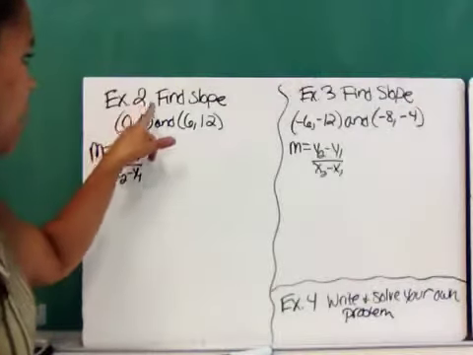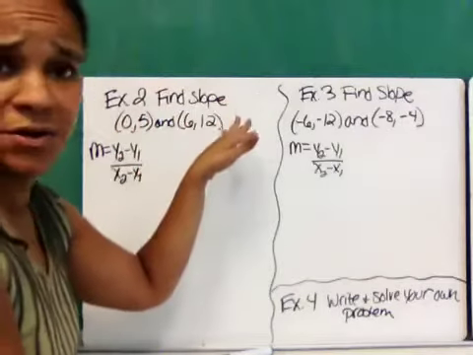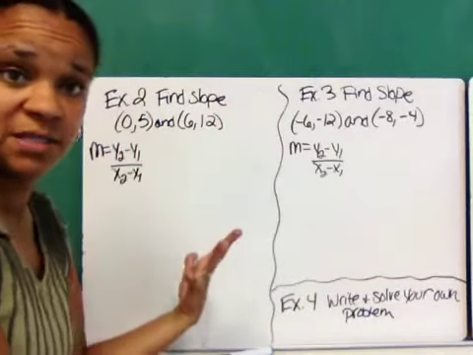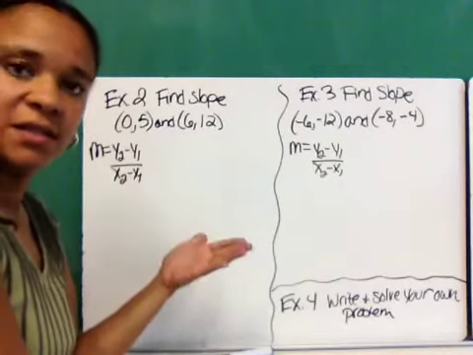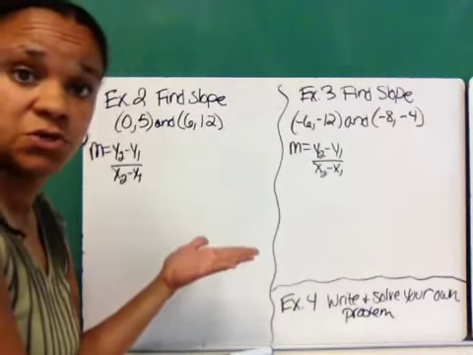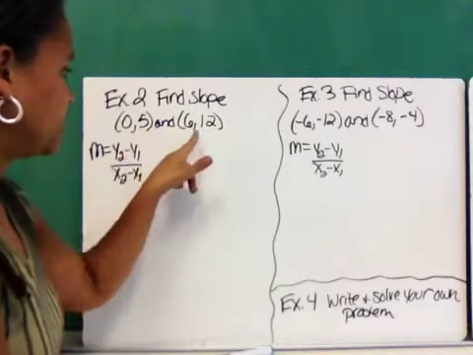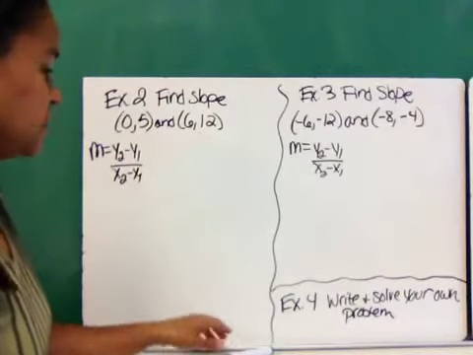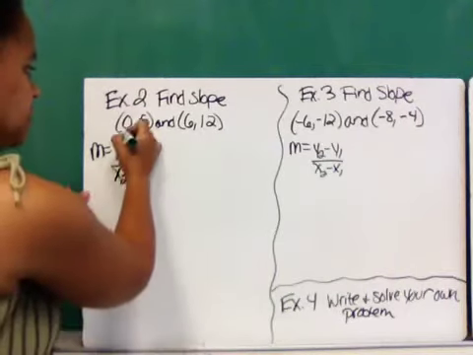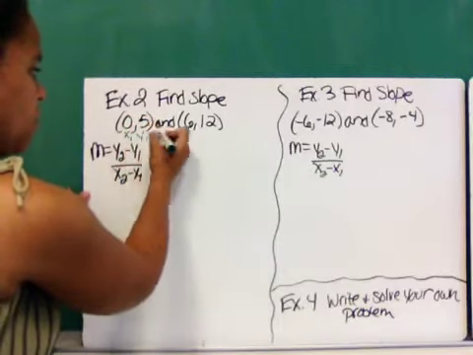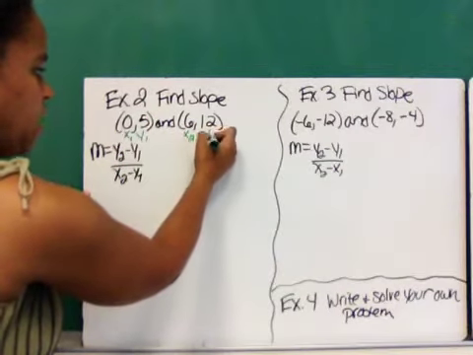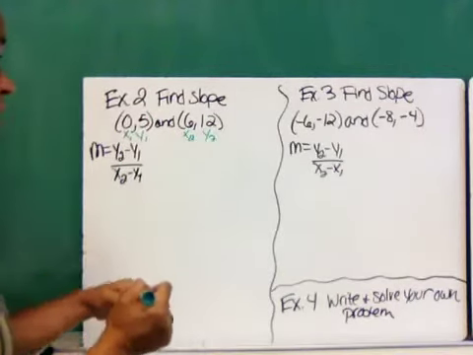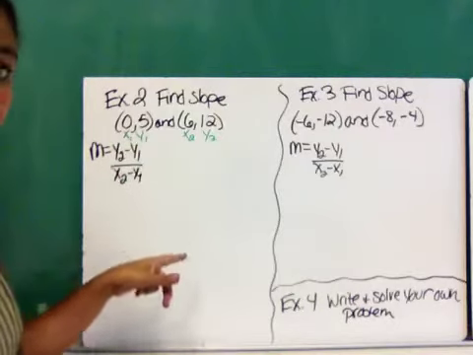Okay, here I have find the slope. Now I didn't write this out each time, but every time we say find the slope and I give 2 points, it means find the slope of the line that passes through these 2 points. So that passes through 0, 5, and 6, 12. First thing I want you to do is label x1, y1, x2, y2. So now that we have those labeled, let's go ahead and plug them in.